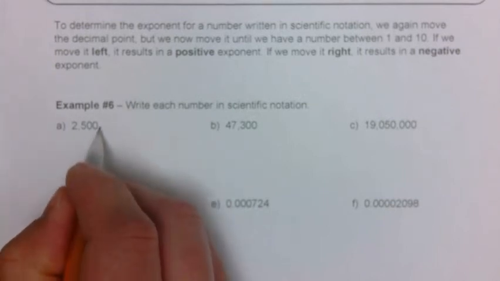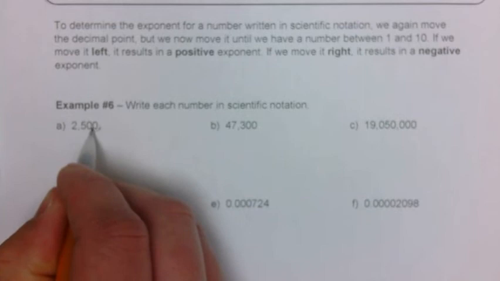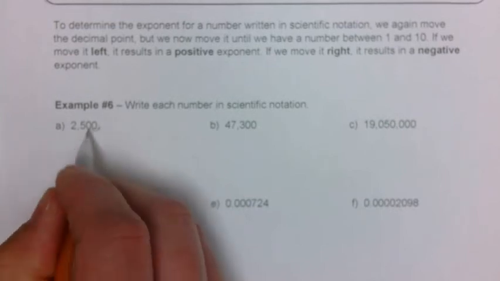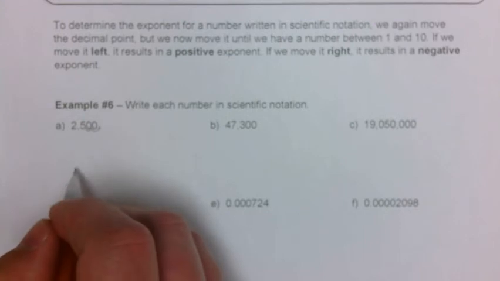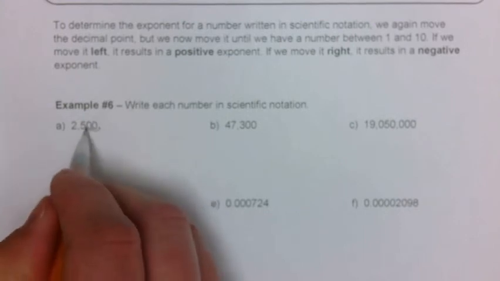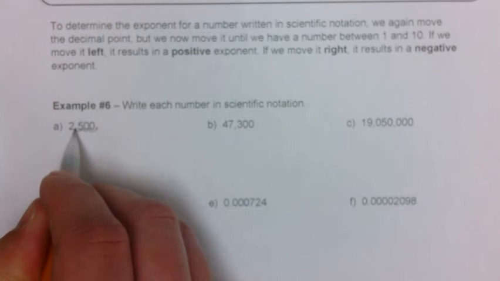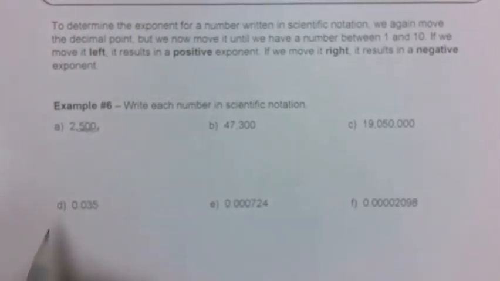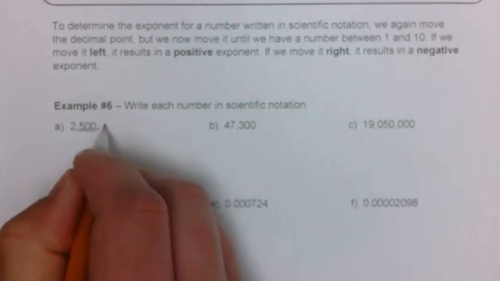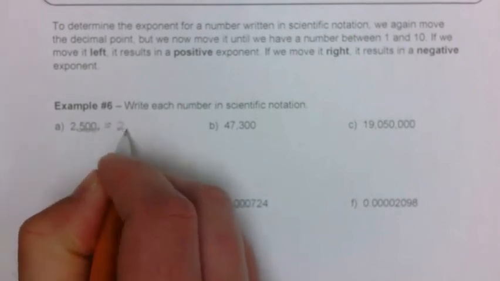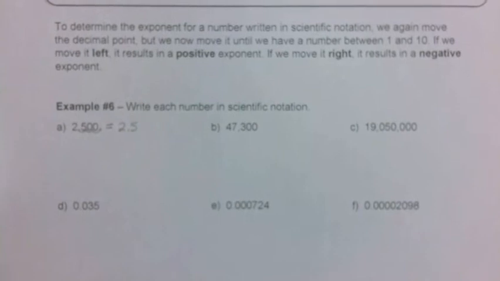If I move the decimal point to the left once, now it's the number 250. If I move it twice, now it's the number 25. But if I move it one more time, now it's 2 and 5/10, or 2.5. I can ignore the zeros, and I can write this as 2.5.